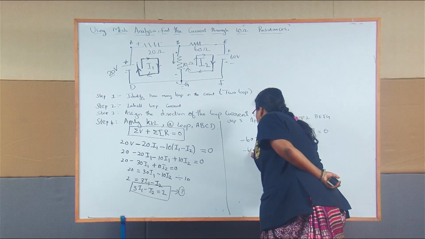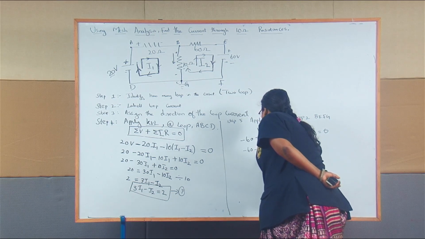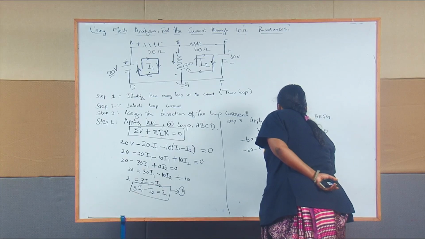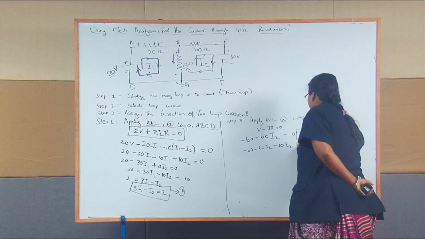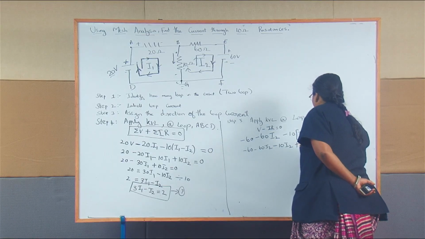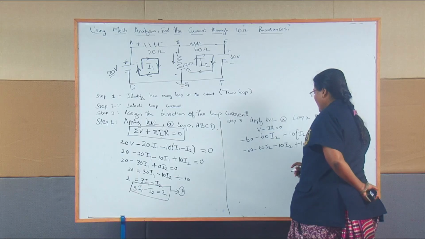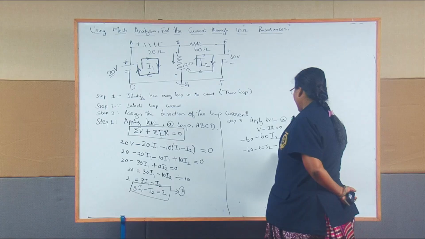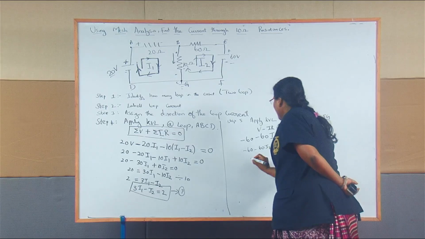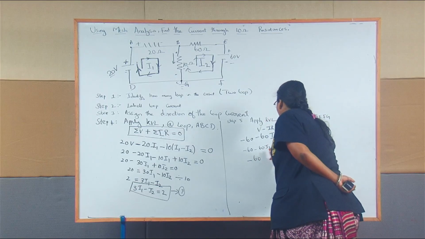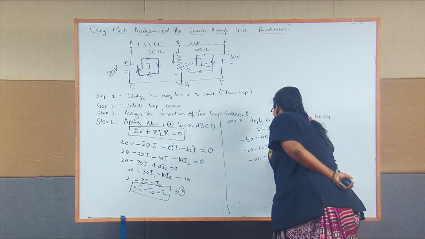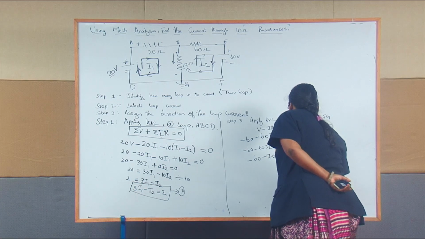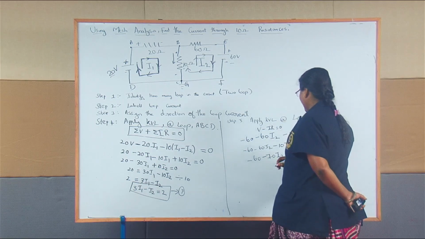So minus 60 I2 minus 10 into I2 minus I1, minus minus becomes plus, so plus 10 I1 equal to 0. Here, 60 I2 and 10 I2, minus minus, so it will become plus: minus 70 I2 plus 10 I1 equal to 0.